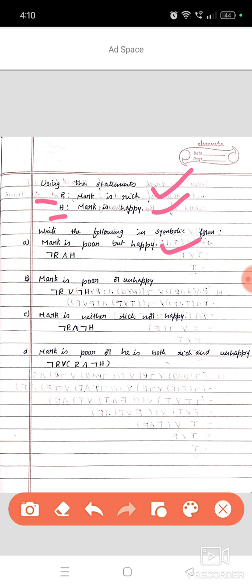Mark is rich and Mark is happy. And I forgot to tell that instead of and, but is also used in conjunction, and it has the same truth value as the AND operator.